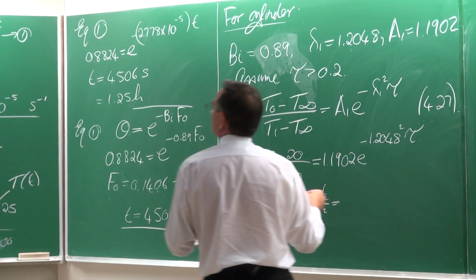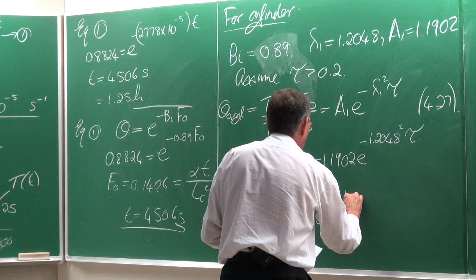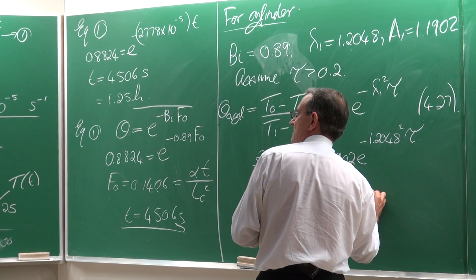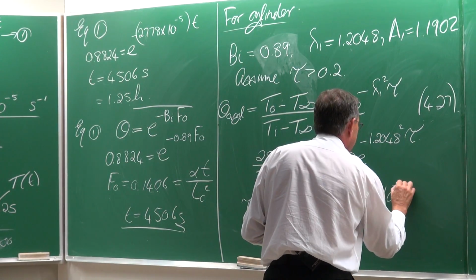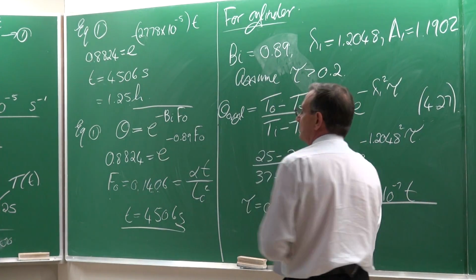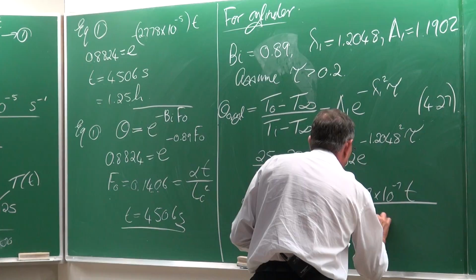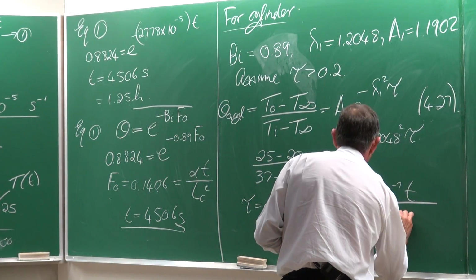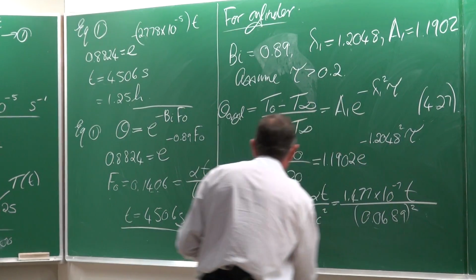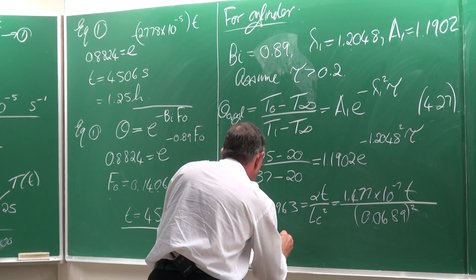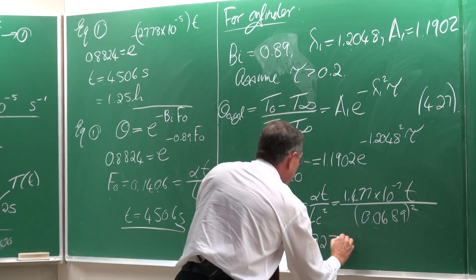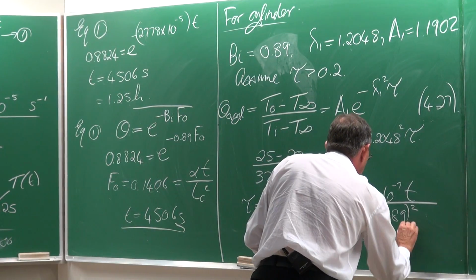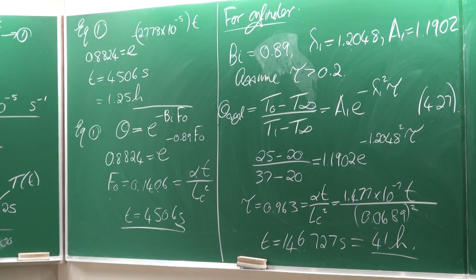Alpha is equal to 1.477 multiplied by 10 to the minus 7, multiplied by t, divided by the characteristic length 0.0689 squared, and from that we can solve that the time is equal to 146,772 seconds, and that is 41 hours, ago, 3 days. I'm going to get to you just now.